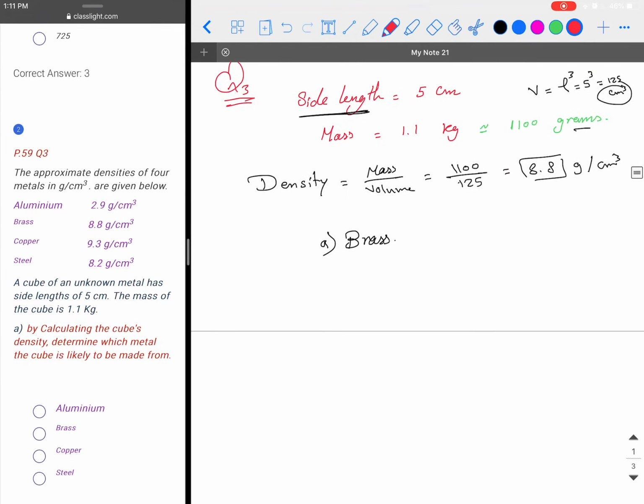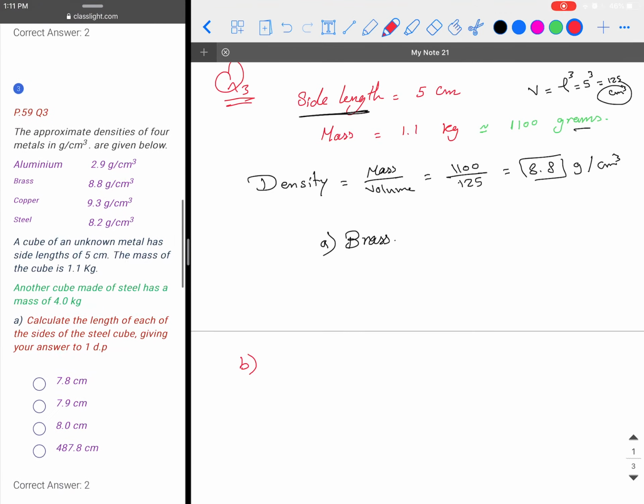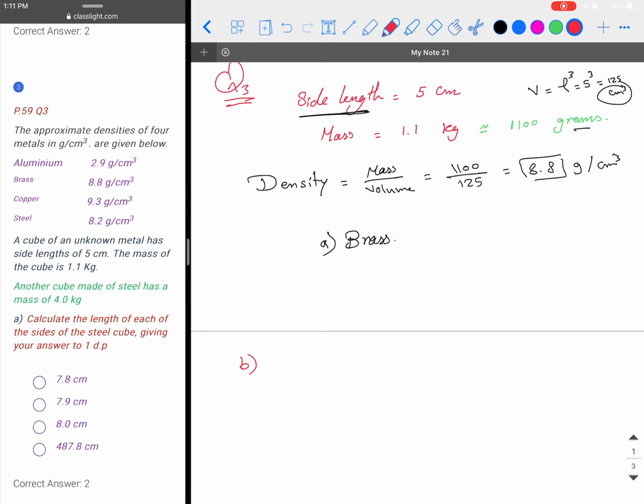Okay, this is A. What about B? Let's see. He said another cube is made of steel. From this information, I know the density of steel. Density of steel equals 8.2 gram per centimeter cube.